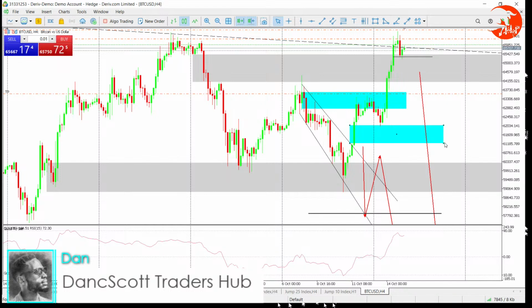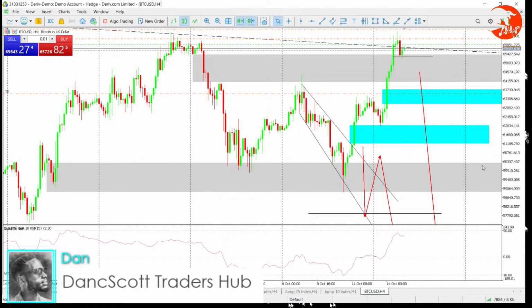Just drag it here. This is no longer useful, I can delete it. Probably I can keep this fair value gap on H4 also, it may be useful in the near future. So now we have those 2 points of interest drawn clearly there.